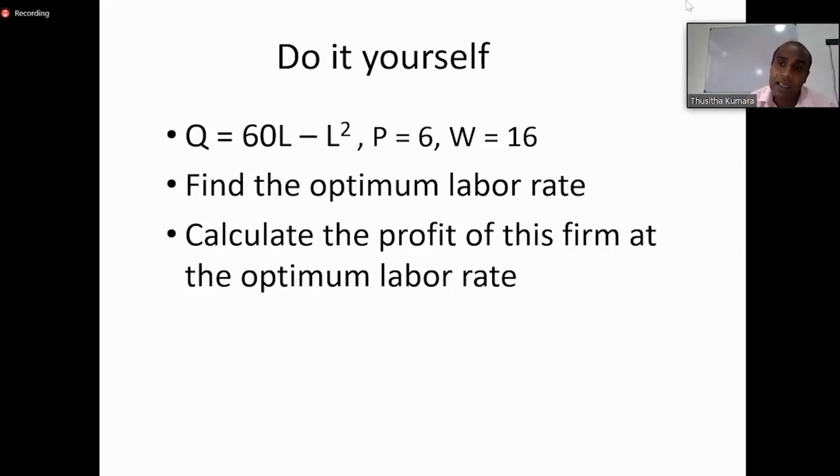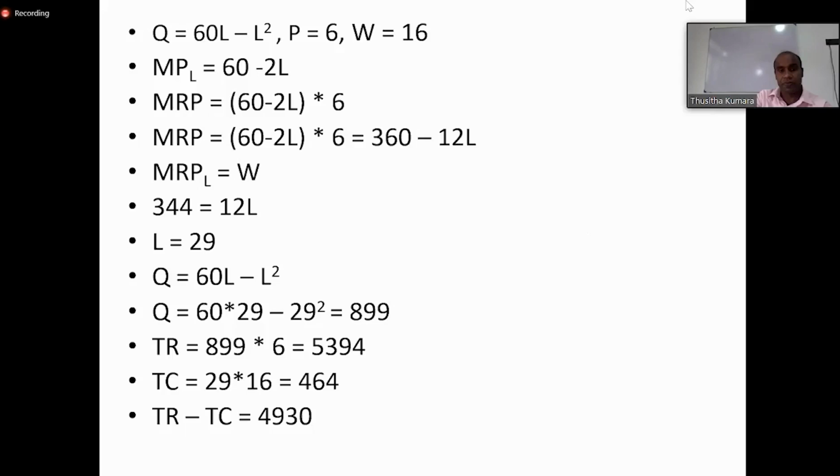But given the price and the wage rate, this firm should employ 29 labor units. Then that would be the profit maximizing output level this firm would take. We are not going to calculate the optimum output level, but profit can be easily calculated. What is the profit of this firm? So how to get that?